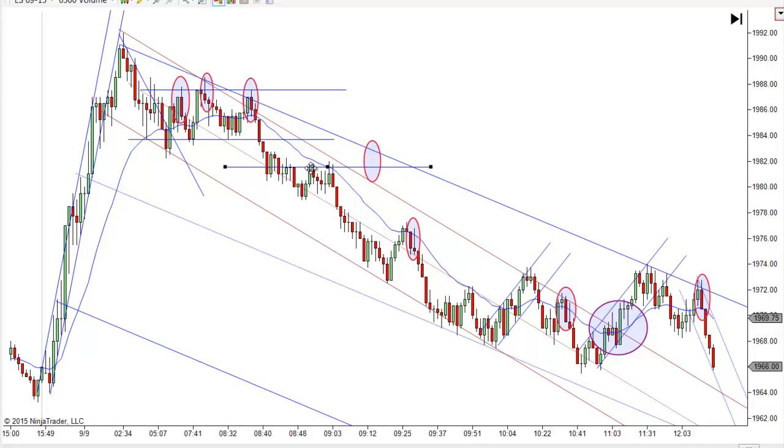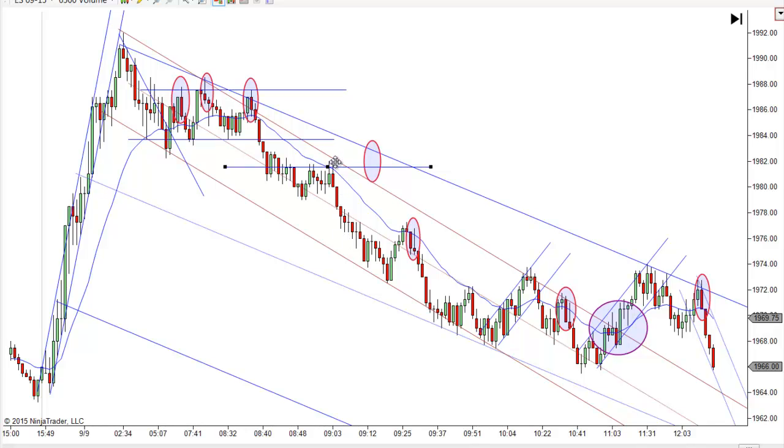You can see that resistance across there. It's a double test of this high here, but more importantly, it's a big bearish bar. It comes off that high, and we're trending down. And notice how we kept getting in the lower part of the tier here, but we couldn't quite get down there.